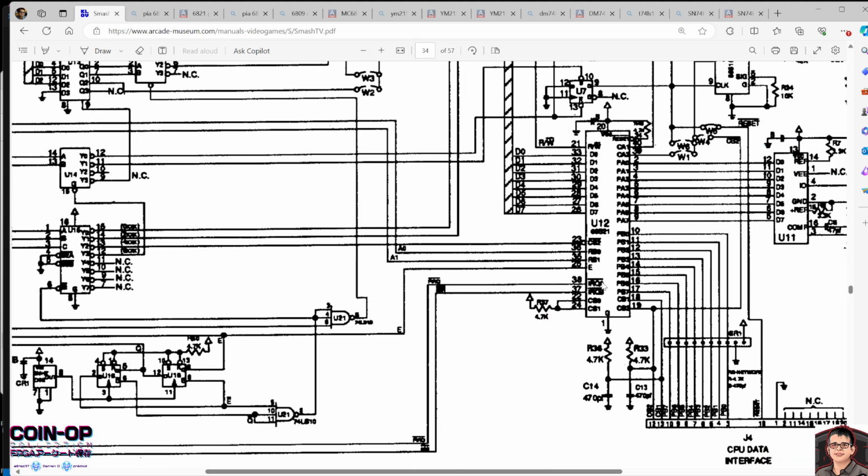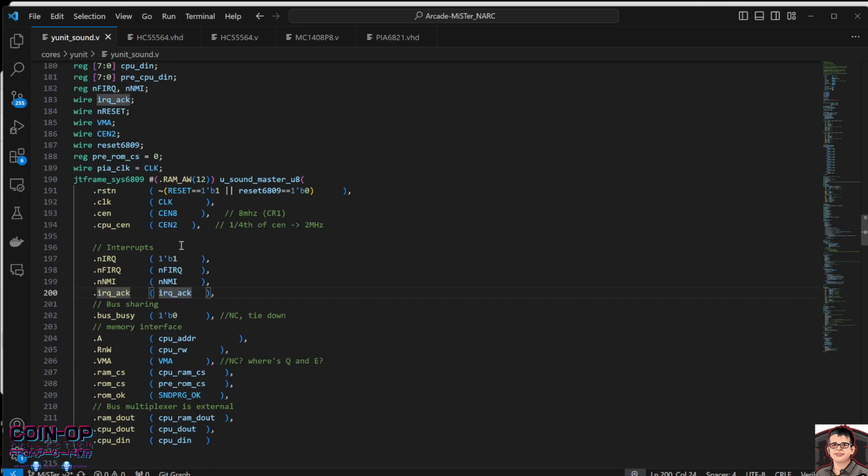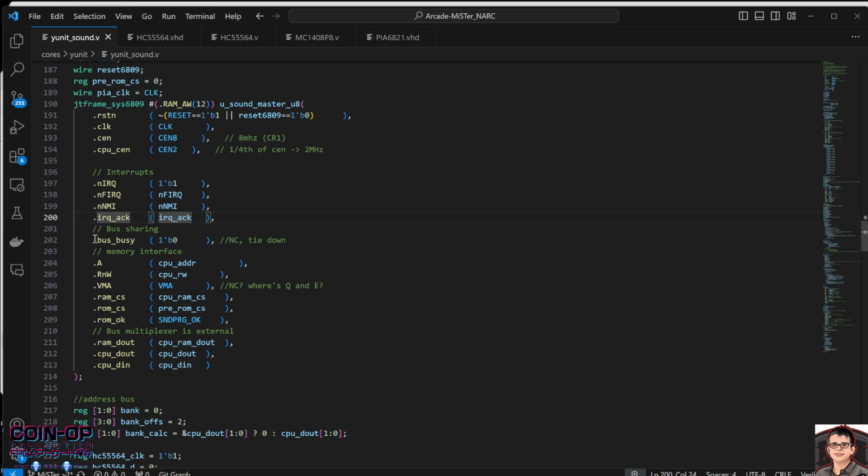The PIA has the IRQ-A and IRQ-B signals coming out of it, which you'll see somewhere below. And then the IRQ-ACK is the acknowledgement, which I don't think is actually used, but I just have a wire placeholder for it anyway.